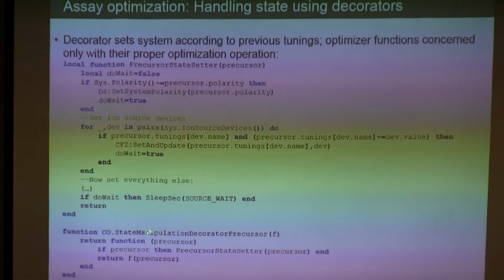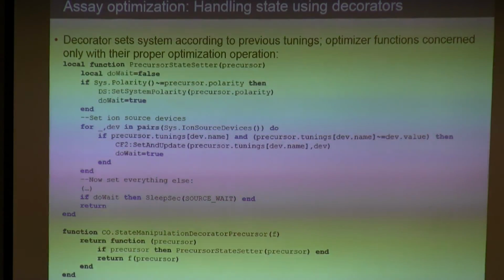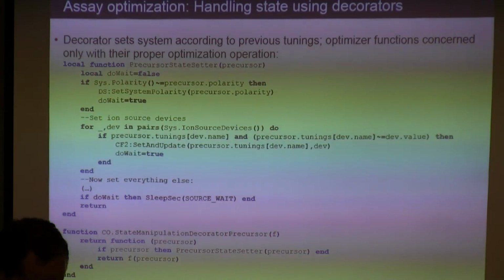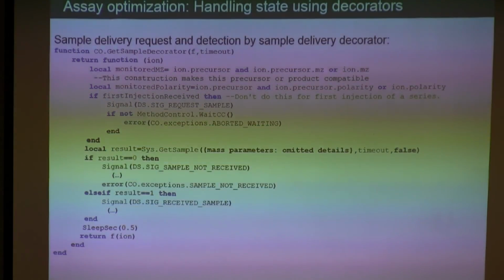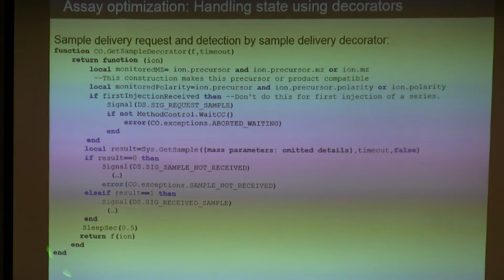Sorry, this is the input to a function decorator, and the function decorator calls the state setter, and then calls your original function. Very useful pattern for isolating states, so we can use these functional patterns.